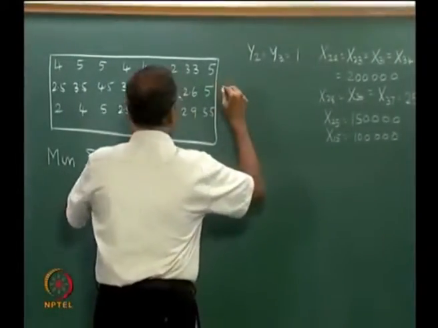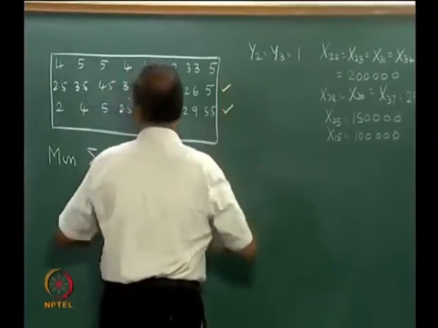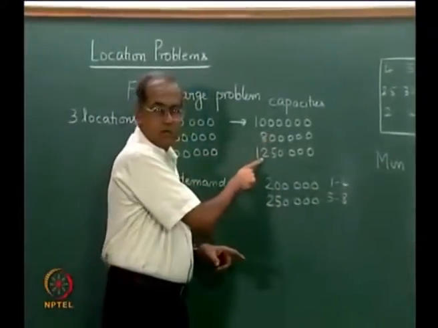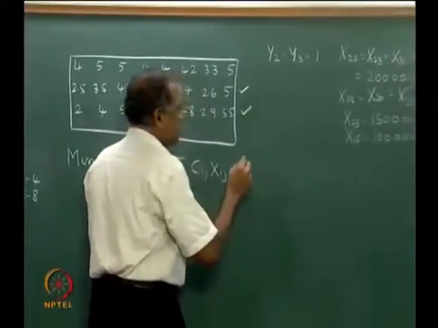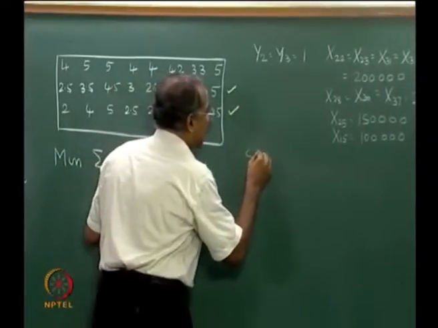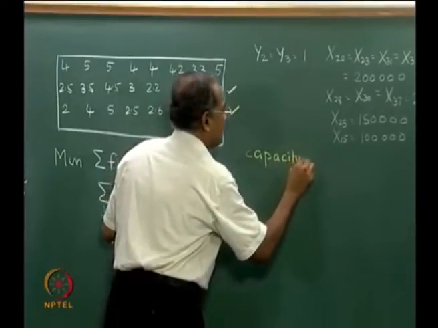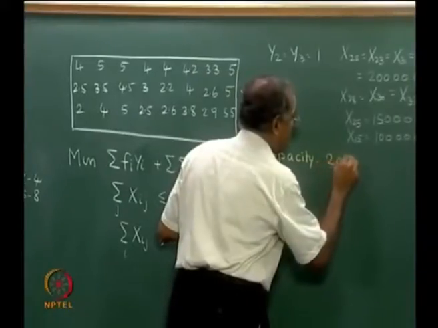So, the capacities are 800 plus 1250, 2,050,000. So, available capacity is equal to 2,050,000.